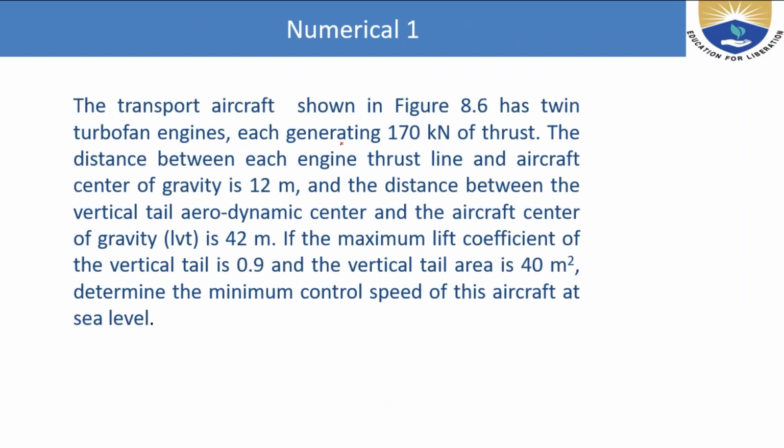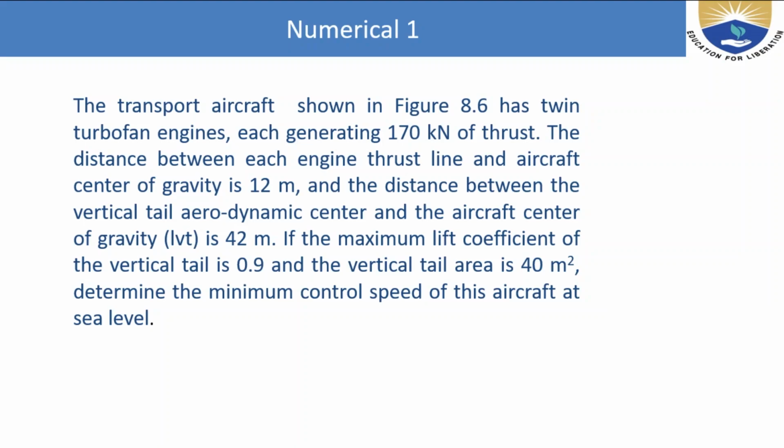So now I will go for the problem which I am concerned with. The transport aircraft shown in figure 8.6 has twin turbofan engines, each generating 170 kilonewton of thrust.